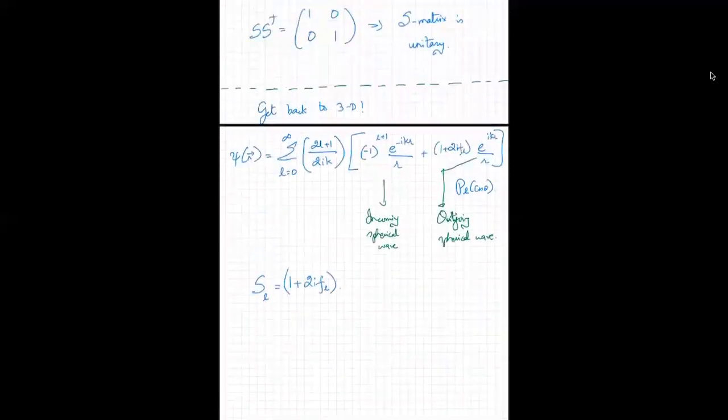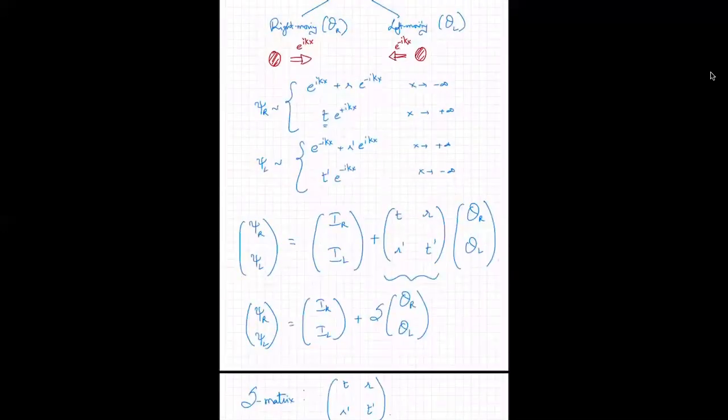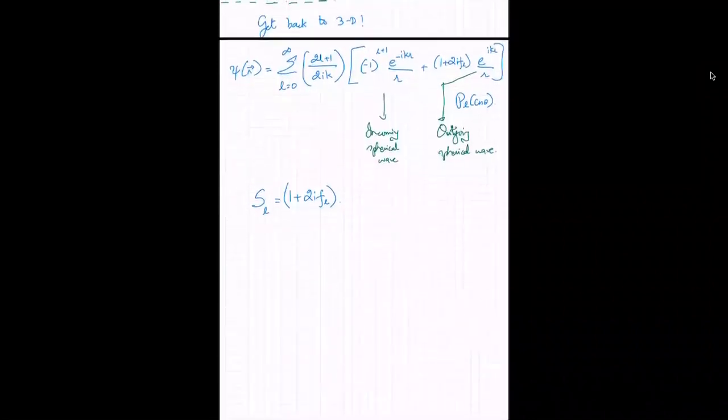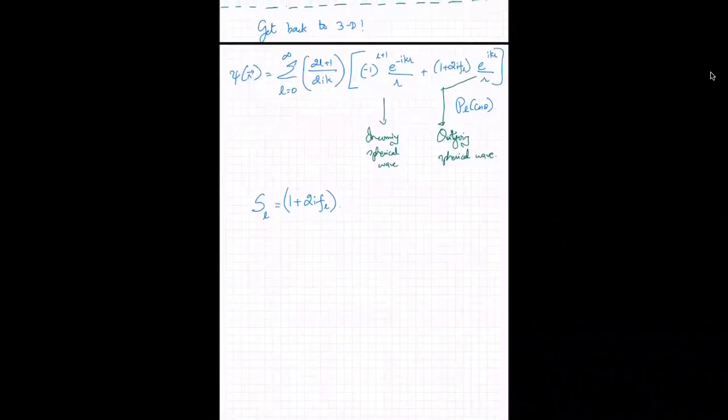Because of an exact analogy with the one dimension part, the definition of scattering matrix is basically that all that is non-trivial happening is encoded in the outgoing wave functions. So the coefficient of the outgoing wave function is basically the elements of the scattering matrix. So in this case, the coefficient of the outgoing wave function is basically 1 plus 2i f_L. So we write S with a little l because it depends on which L you're talking about. So this is of course an infinite sum with various different L's. And the scattering matrix is 1 plus 2i f_L.